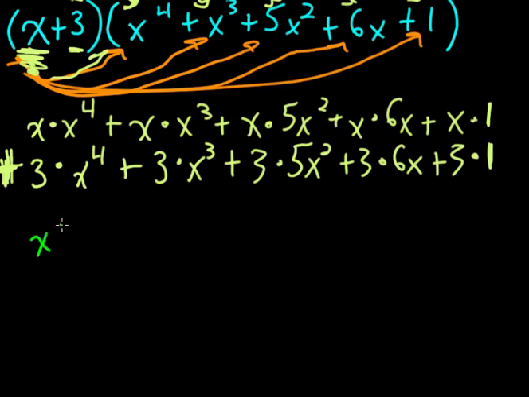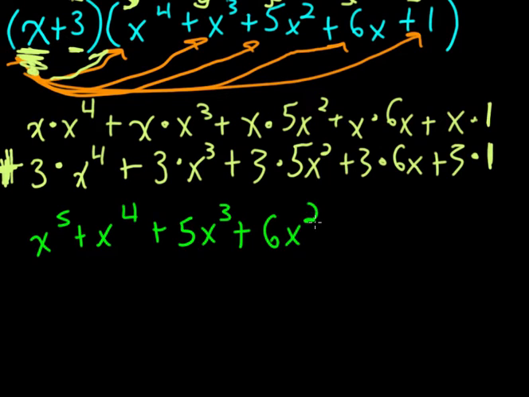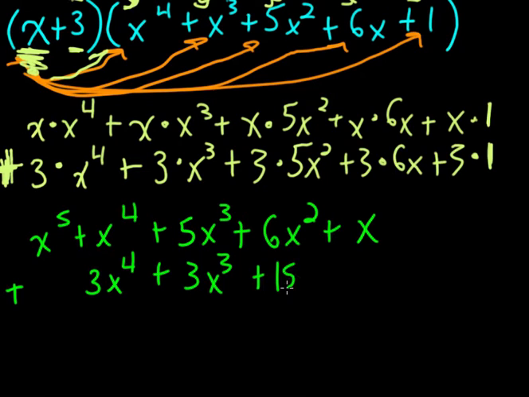So this becomes x to the 5th plus x to the 4th plus 5x cubed plus 6x squared plus x plus 3x to the 4th plus 3x cubed plus 15x squared plus 18x plus 3.